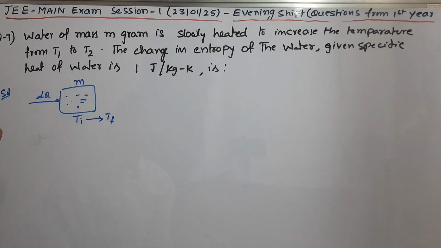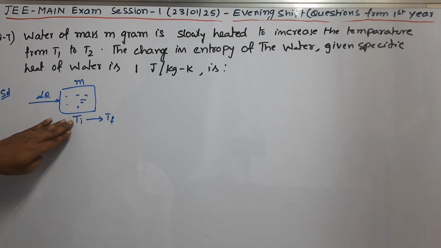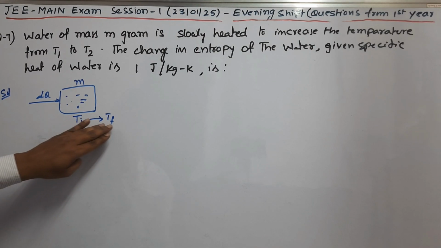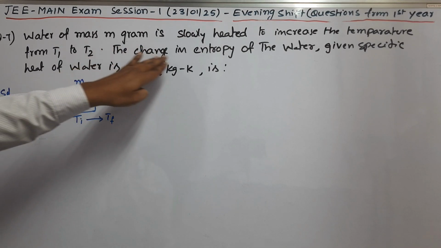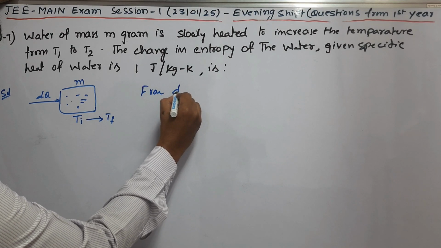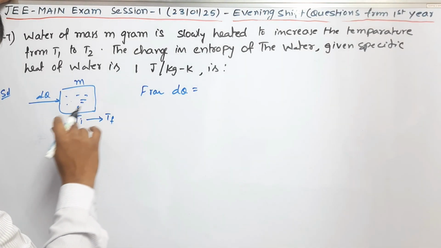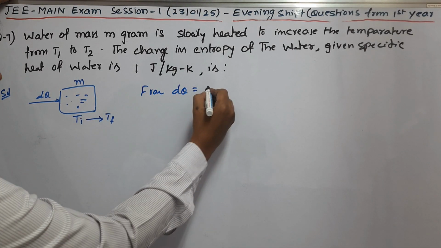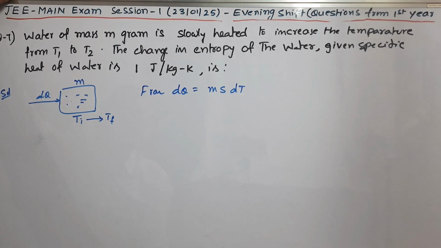This change is nothing but what I call entropy. Whenever you give heat, that is related to heat capacity, and the supplied heat is taken by the water depending on its nature, which is called its specific heat. So the heat gained by a body due to a rise in temperature from Ti to Tf is dq equal to m into s into dt.